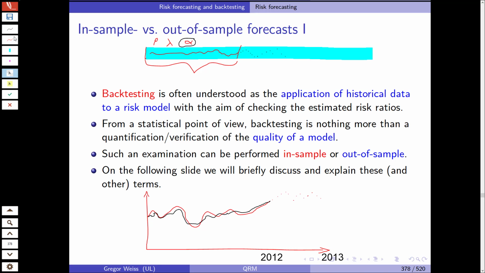Well, we are in 2020, so we have this data available, even though we only used the data until 2012 for model estimation. So we play a little bit dumb. We say we are going back to 2012, and we are only using the data from 2000 to 2012 to fit our model. But in the back of our head, we know we have data available for 2013. So we do our model forecasts, and then we compare those model forecasts with the actual data. It could look like this.